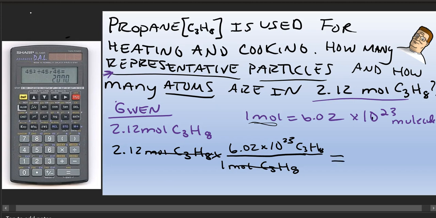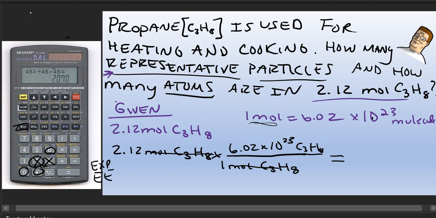And when you multiply 2.12 times 6.02 times 10 to the 23rd, you're going to type 6.02 and use the exponent button and then 23. So make sure you're using the button that either says EXP or EE on it.